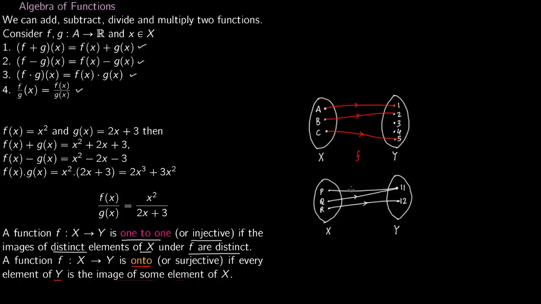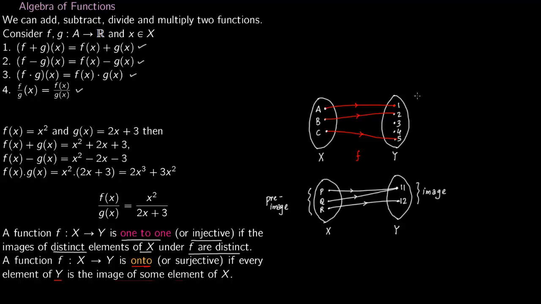So this is a surjective function because both elements of Y are covered. So both these elements have a pre-image. So if every element of Y is the image of some element of X, so both these elements 11 and 12 are images of some elements of X. So in other words, all elements of Y have a pre-image in X. So they have a pre-image here.